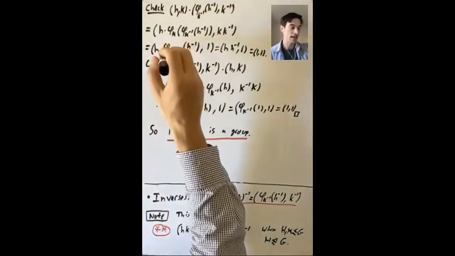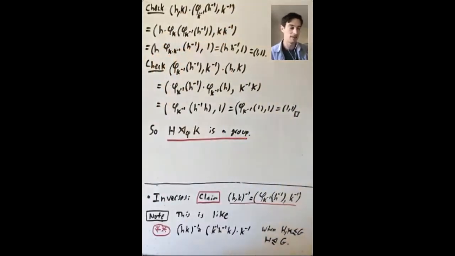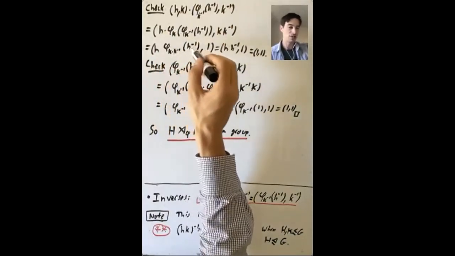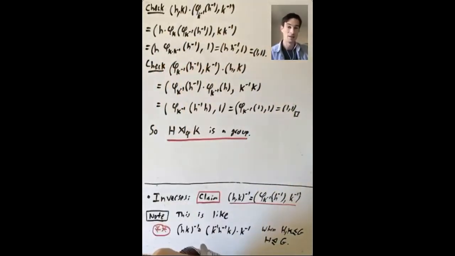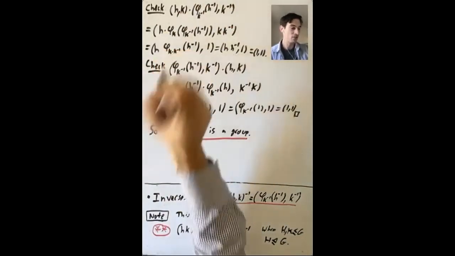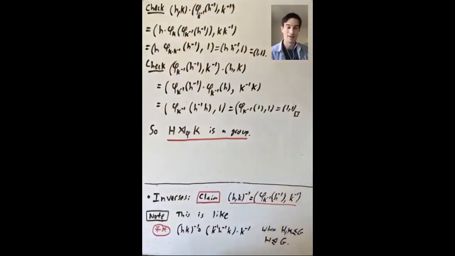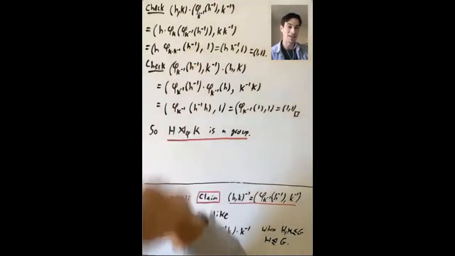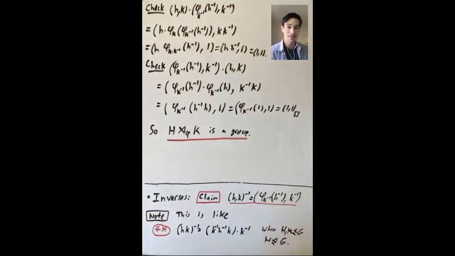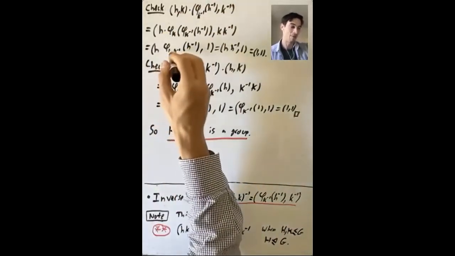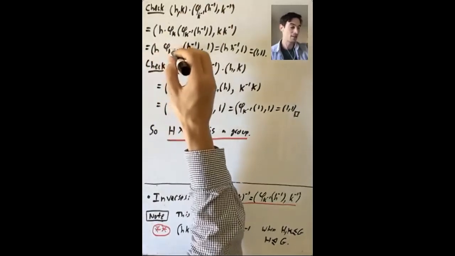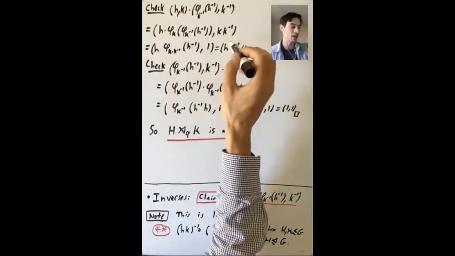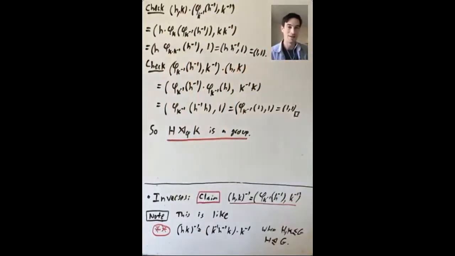That's φ of k times k^{-1} of that same thing. So we get h times φ_{k^{-1}}... sorry, h times φ_1 applied to h^{-1}, comma 1. And φ of 1 is the automorphism of H corresponding to the identity element of K. So that's just the identity map on H. So we get h times the identity applied to h^{-1}, which is just h^{-1}. So we get (h h^{-1}, 1), which is (1, 1), which is the identity.